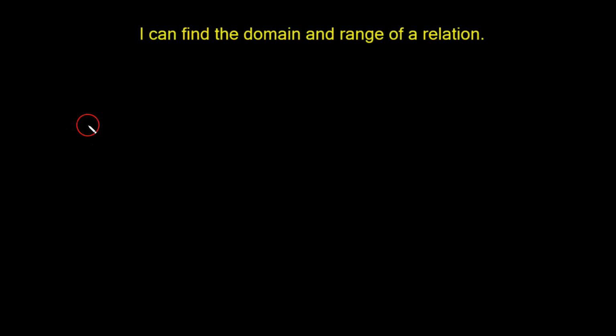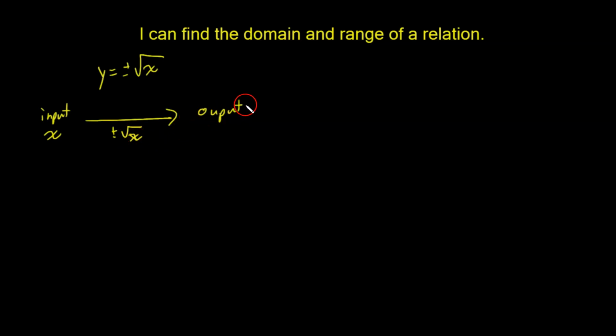So say for example we were to have the relation y equals plus or minus the square root of x. This relation would take an input, which is x, and it would go through this plus or minus the square root of x, and it would produce an output, which is y.